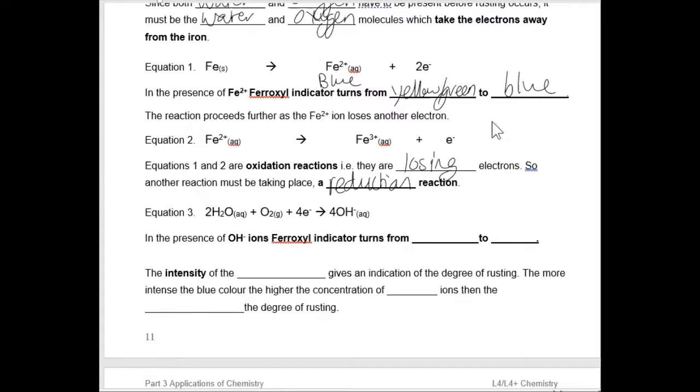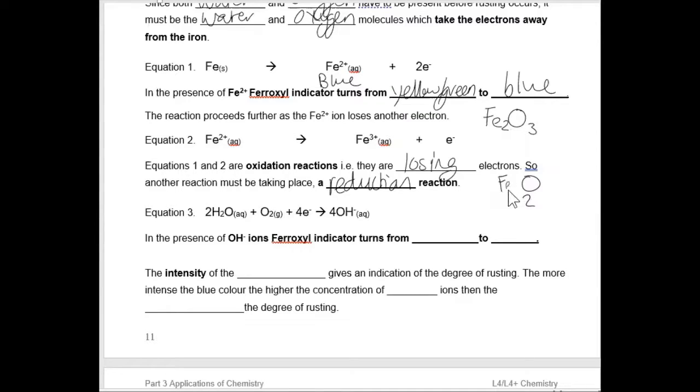Why? Because rust is actually Fe2O3, which means that rust is made up of Fe3+ ions. To get the formula here, you have to do the crossover method. Oxygen is always in group 6, so has a valency of 2.